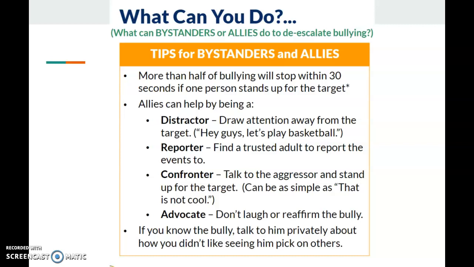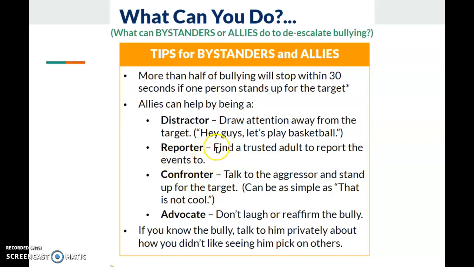But what if you're a person who's witnessing it? Distract, draw attention: hey guys, let's go play some basketball. Report, find an adult. Confront, talk to the aggressor, and stand up for the target. In pretty much every single scenario, you should be reporting bullying if you're seeing bullying.